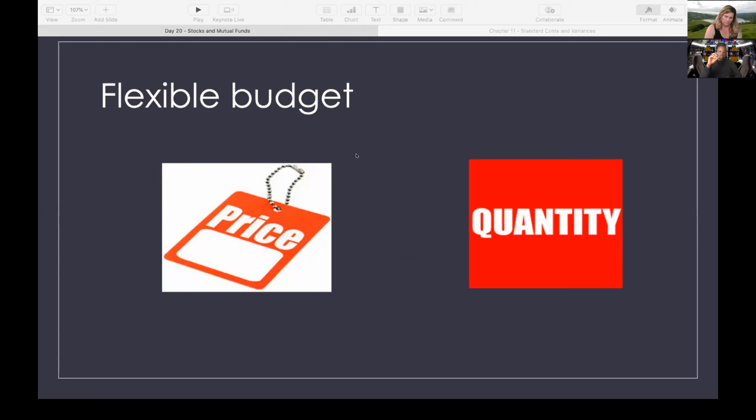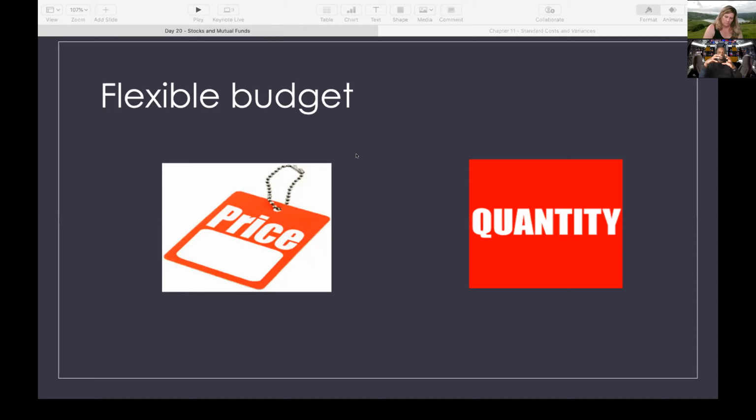All right, so when we start looking at the differences between our flexible budget and what actually happened, there are two things that make up that difference. One is the quantity, and the second is the price, or the cost.